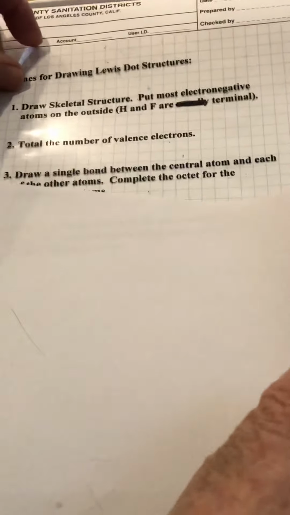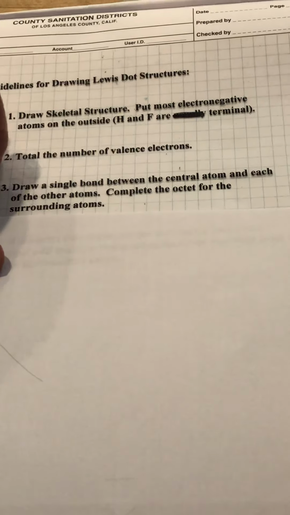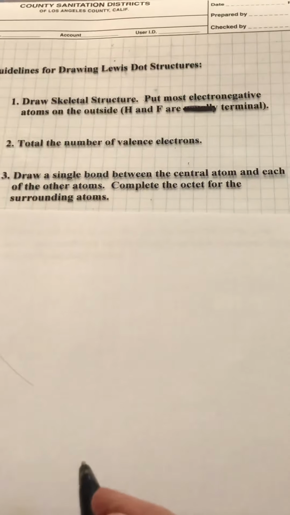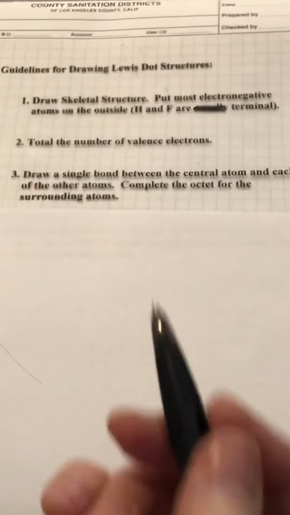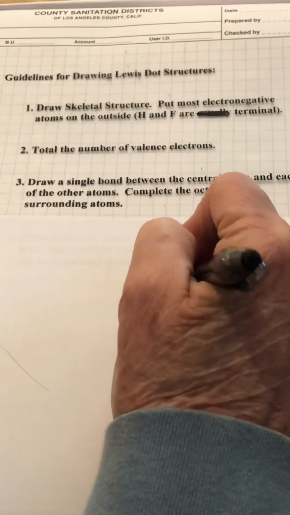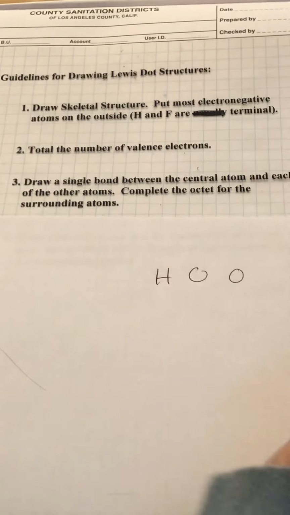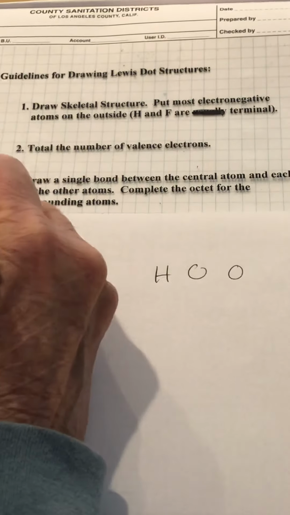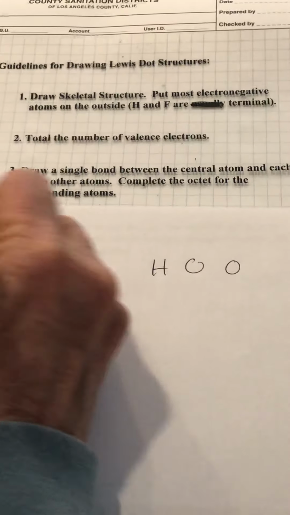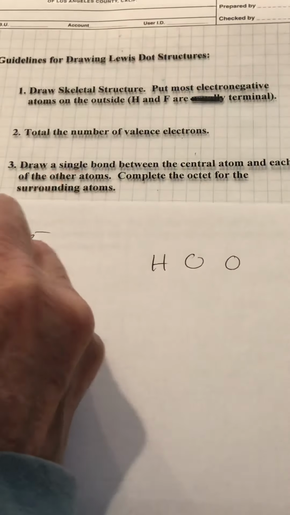Rule 3, you are going to draw a single bond between the central atom and each of the other atoms. So why not just practice with water? Here's our skeletal structure for water. Hydrogen has 1 valence electron. The other hydrogen has a valence electron.